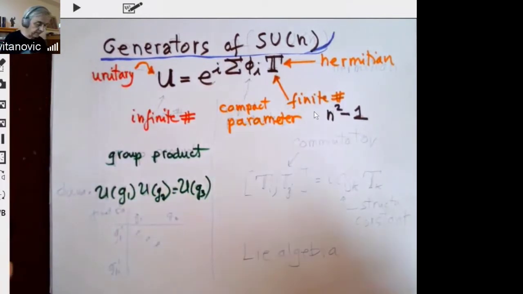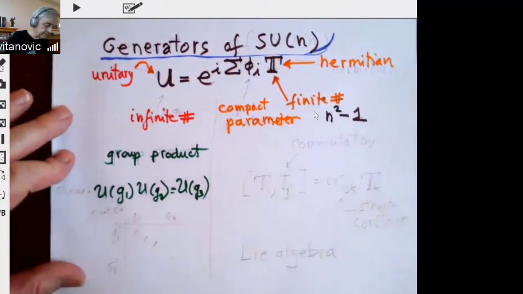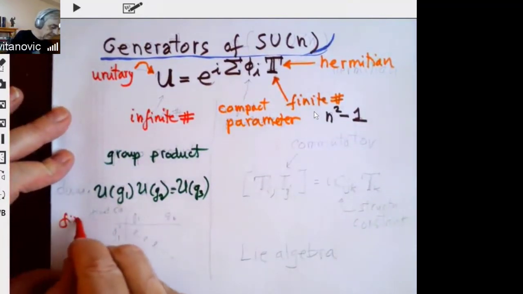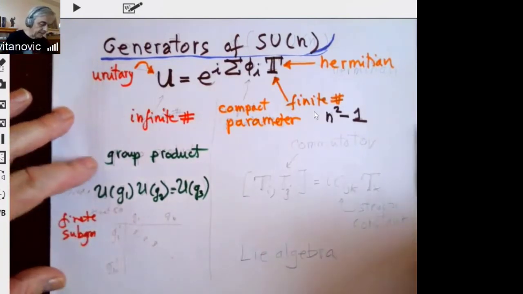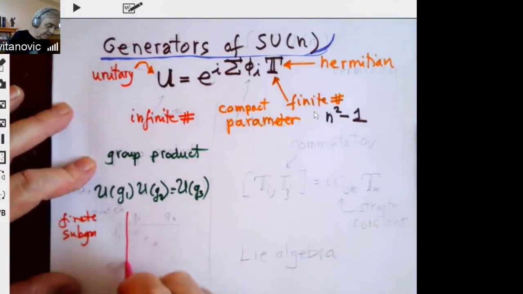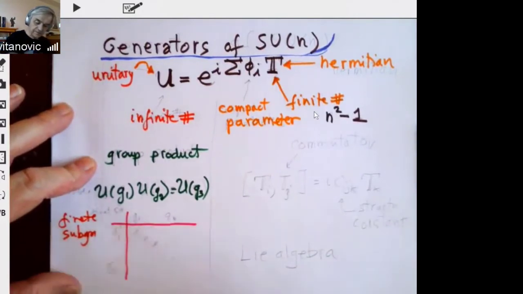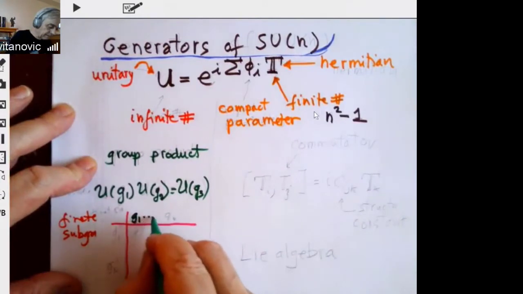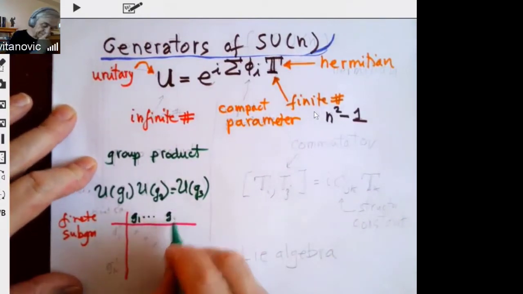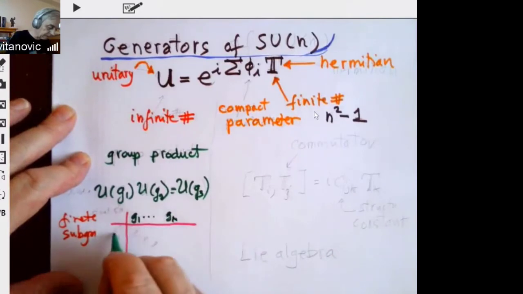And the way I define them, if they were finite, I define them by saying there is a multiplication table, and I take my n elements, multiply them by their inverses.